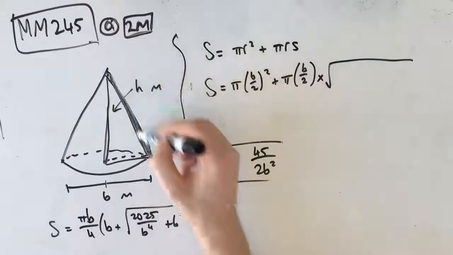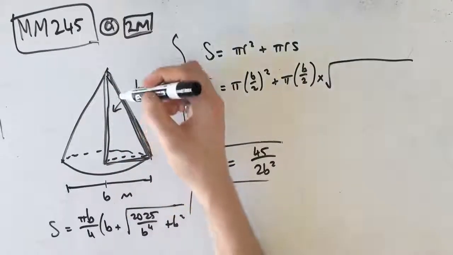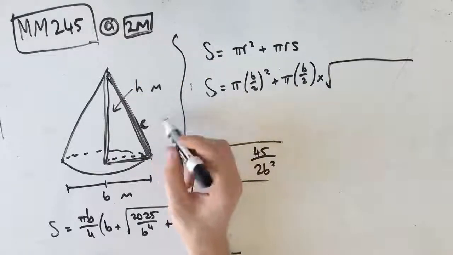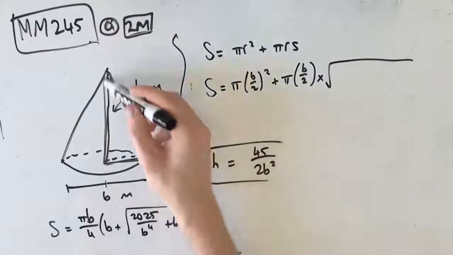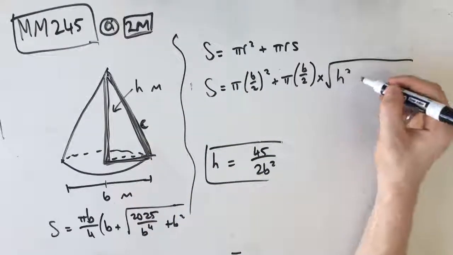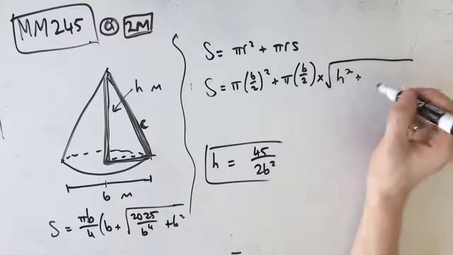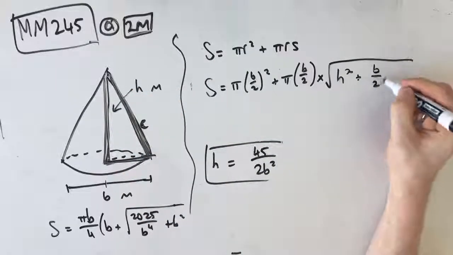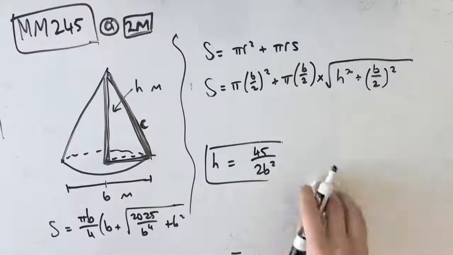This is like a triangle, and we can use Pythagoras to figure out that this is our c value, which means that c is equal to the square root of our height squared plus our radius squared, which is again (b/2) squared.